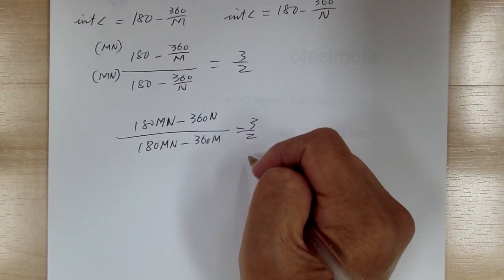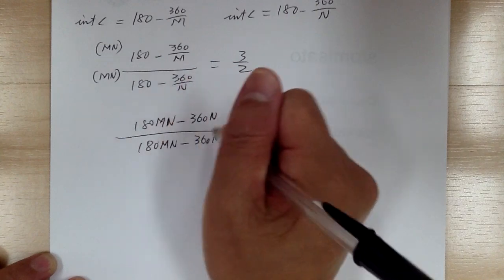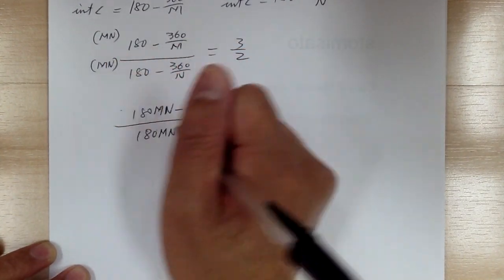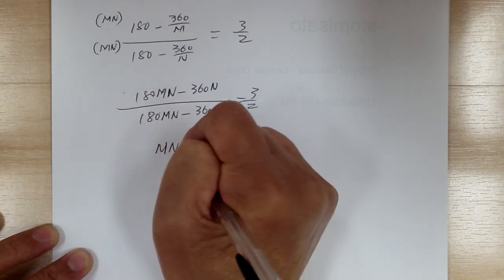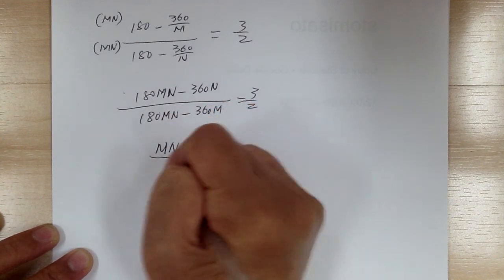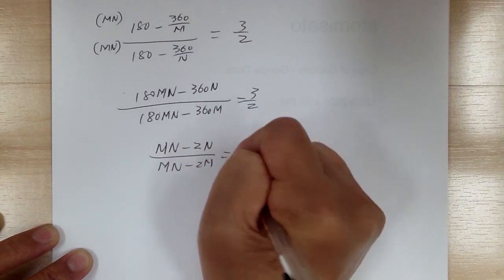The numbers are kind of big, so I'm going to divide everything by 180. So factor 180 and reduce. So you got Mn minus 2n over Mn minus 2m equal to 3/2.